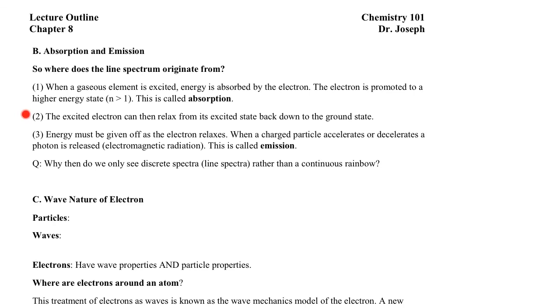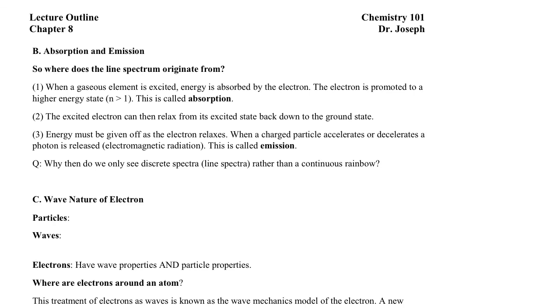Now, this excited electron won't stay in that excited energy state forever. It will eventually relax from its excited state back down to the ground state. And when that happens, energy must be given off because we're going between two different potential energies. So there's an energy transition that's occurring.